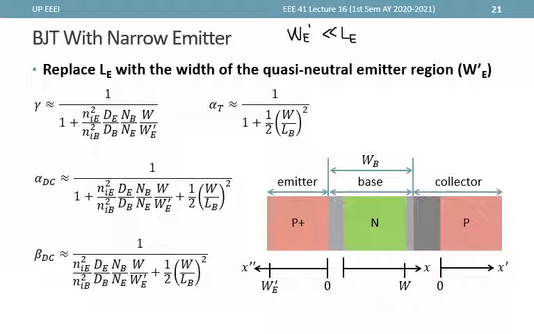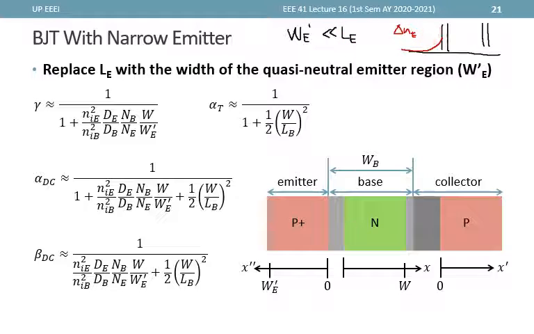So instead of the excess minority concentration exponentially decreasing along x double prime, when the physical width is much less than LE, they almost won't recombine.